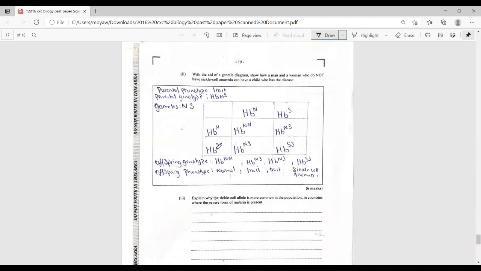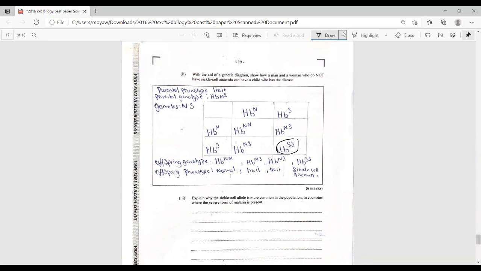And then HbN here times HbS would give us HbNS. Then moving on to the next one, HbS times HbN, HbNS, and then HbS times HbS would give us HbSS. So this child here would be the person who has the disease.